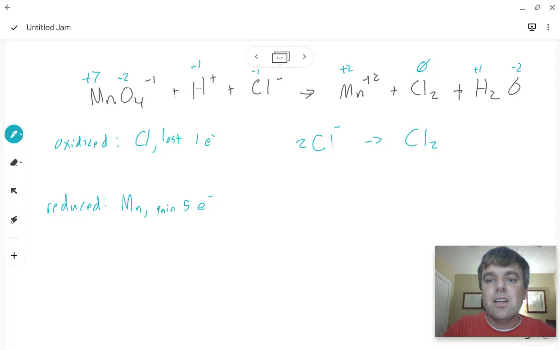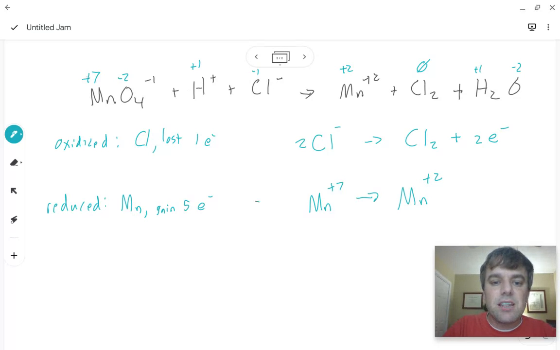And then, since each chlorine is losing 1 electron, but we have 2 chlorines doing this, we're losing 2 total electrons. So the electrons being lost will be on the product side because they're left over. They're extra electrons, essentially, from this half of a reaction. And then the thing being reduced is manganese. So manganese is going from a +7 to manganese as a +2. And to do this, it's gaining 5 electrons. So we'll put those on the reactant side.